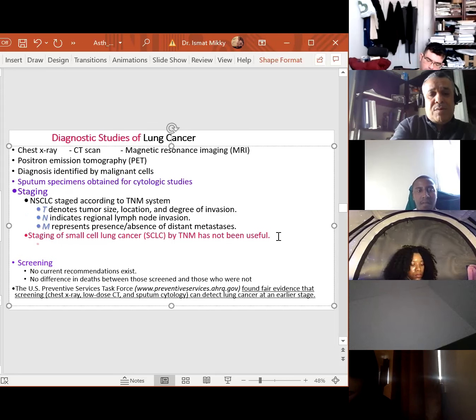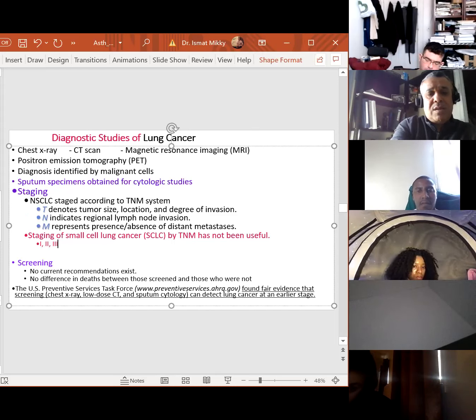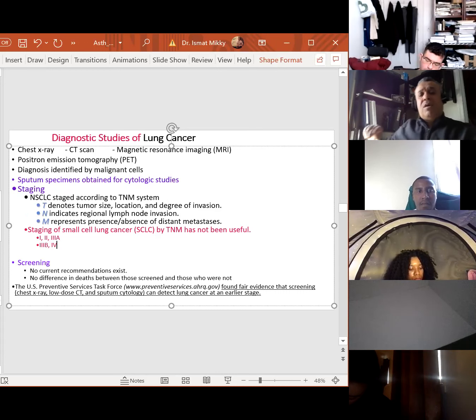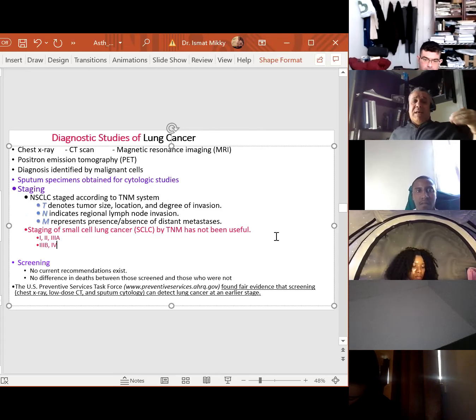So if we put here stage 1, stage 2, stage 3A, this group of patients will be good candidates for surgical interventions. And we have 3B and 4. Patients at that stage, if we stage them at 3B or 4, are usually inoperable.